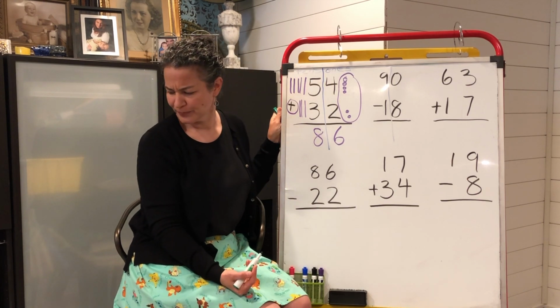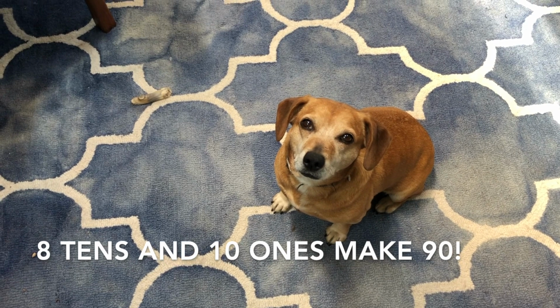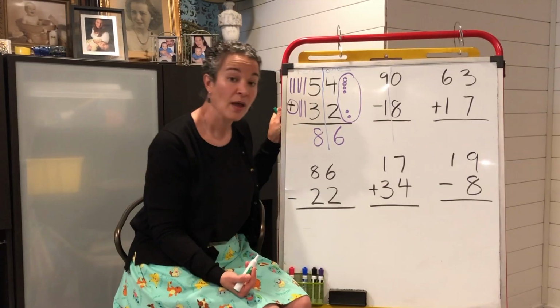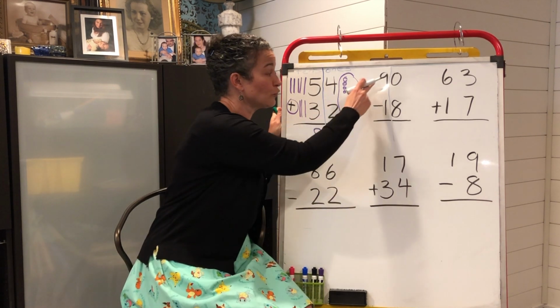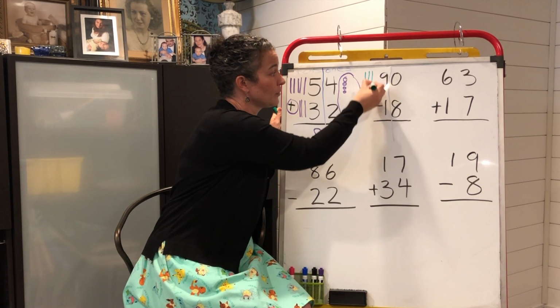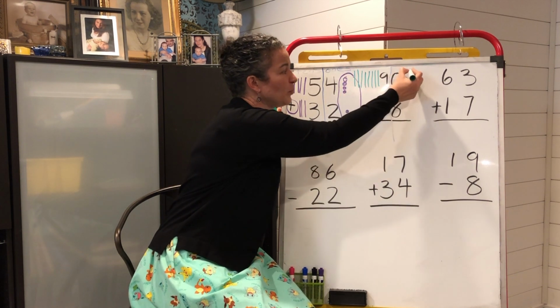Penny, what can I do? Penny says, I can draw 8 10 rods over here, and then I can put 10 1s.